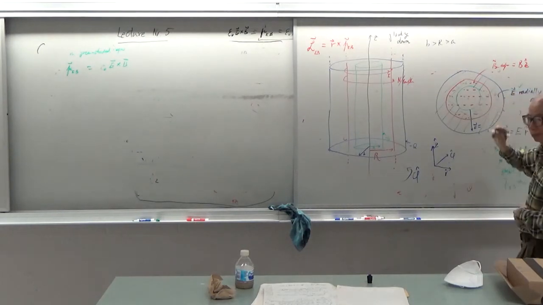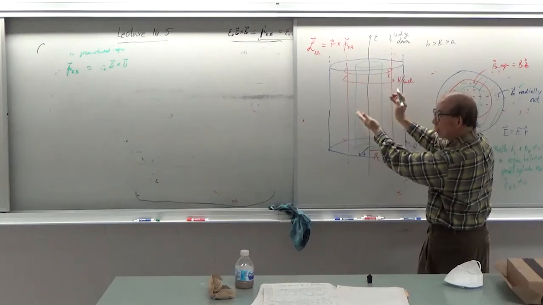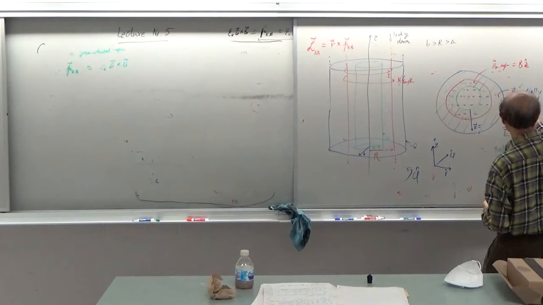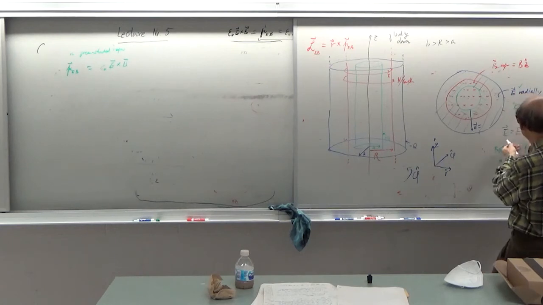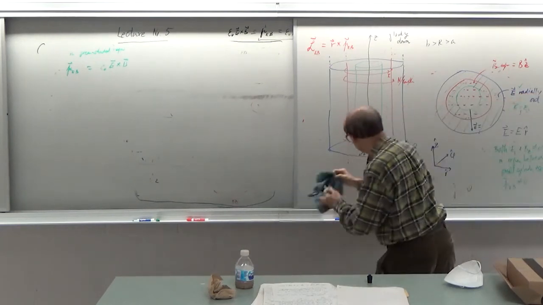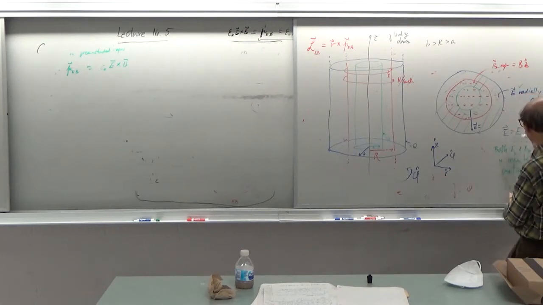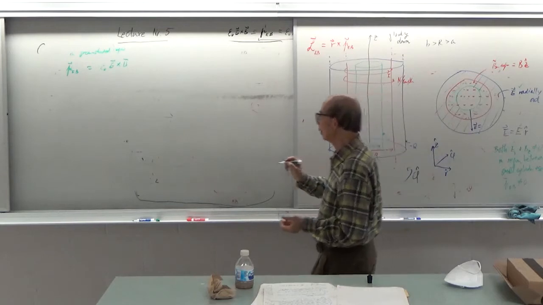It's simple. All you have to do is draw a Gaussian surface. The electric field is radial out, and this can be worked out easily. If it's an exercise, you do it.